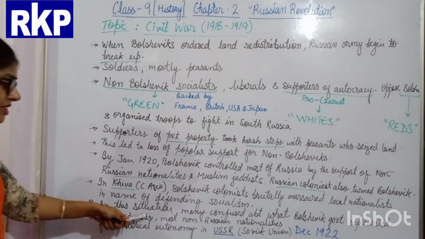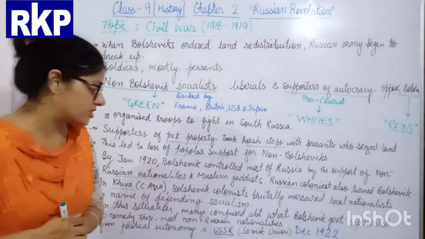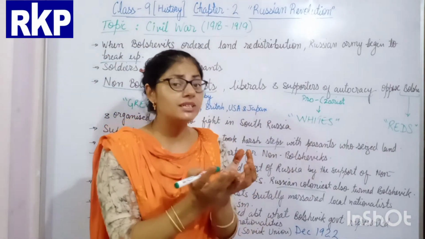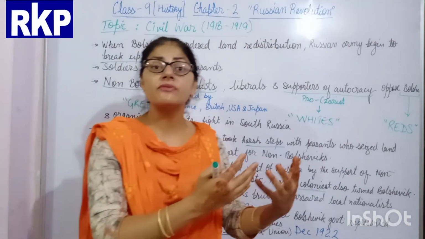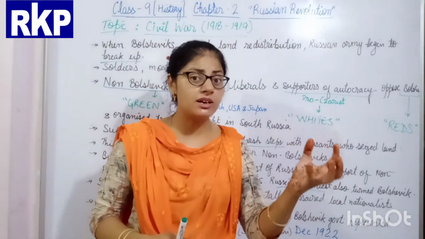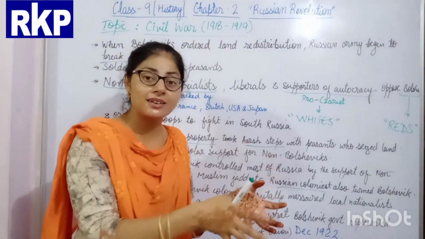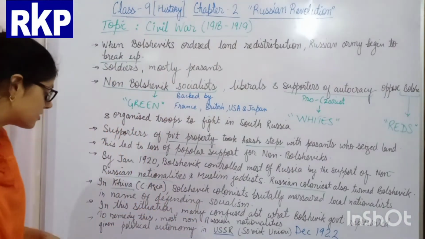This situation led to confusion in Russia, because many started thinking about what the ideology of the Bolshevik group actually was, what the Bolsheviks represented, and what actual socialism was, whether it was the brutal massacre of people.